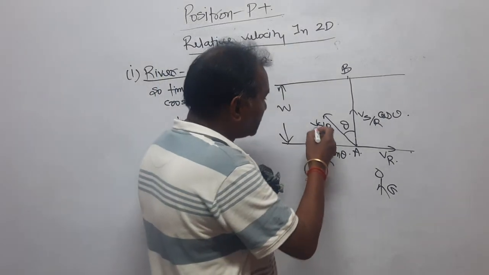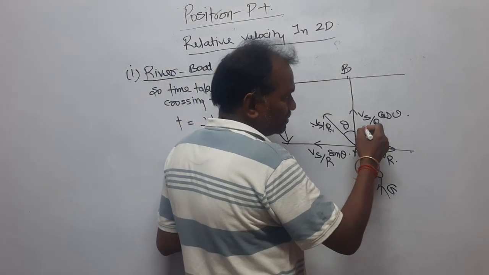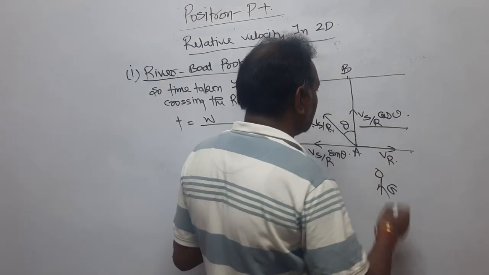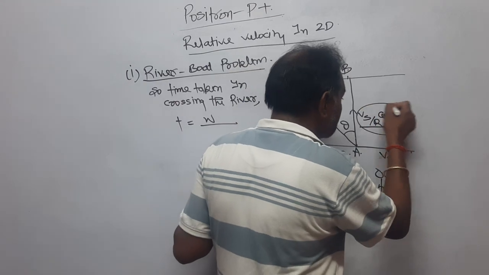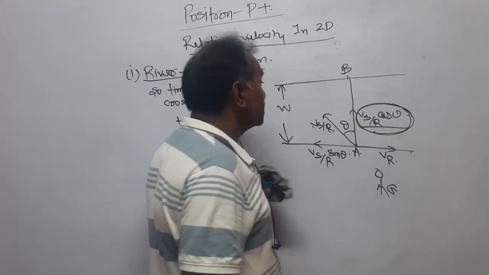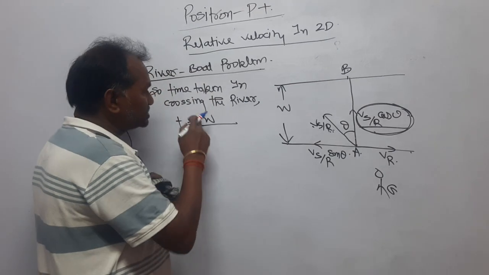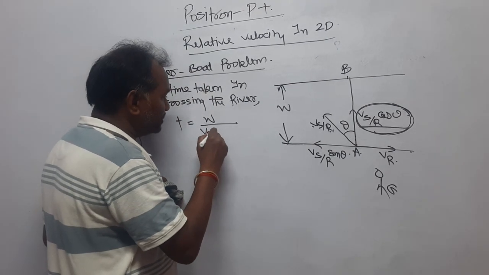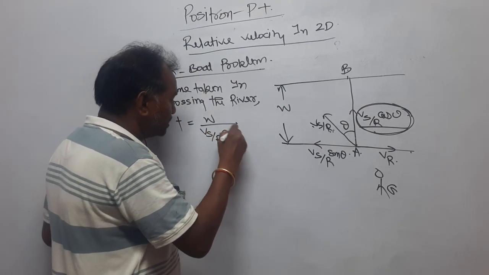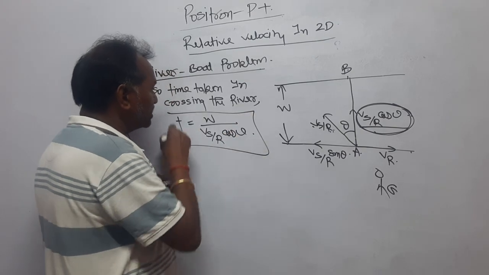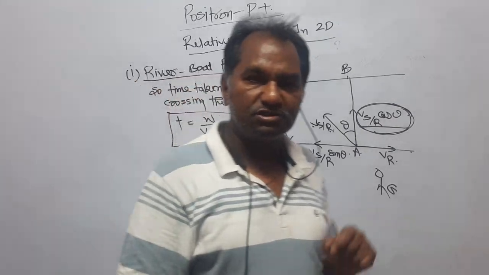Here the swimmer has vertical velocity component, that is VSR cos theta. Because of this component of velocity, swimmer will cross this river. So time is equal to distance upon velocity, W upon VSR cos theta. This is the time taken by the swimmer in order to cross the river.